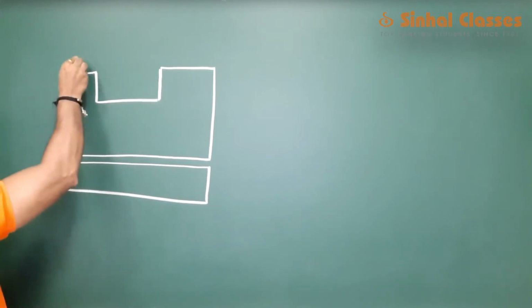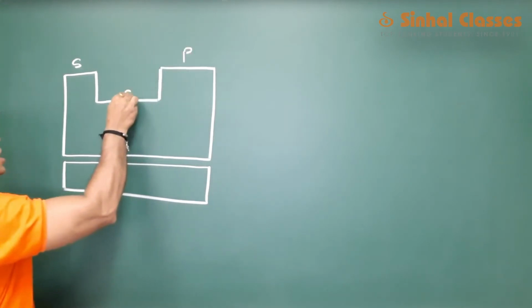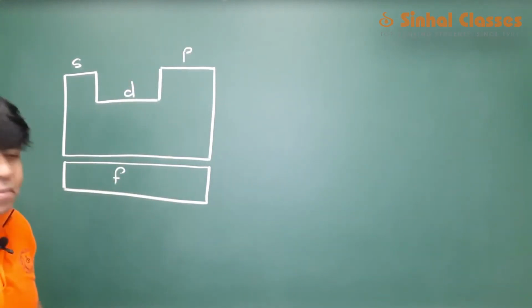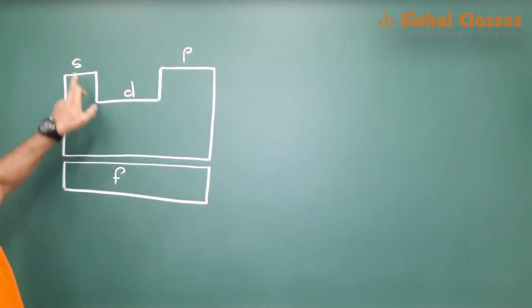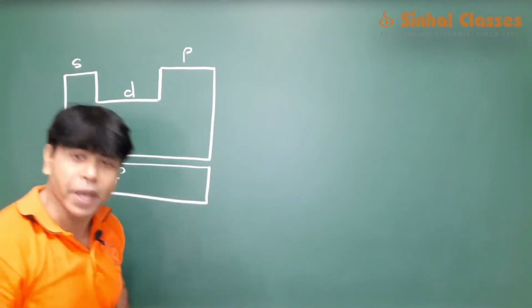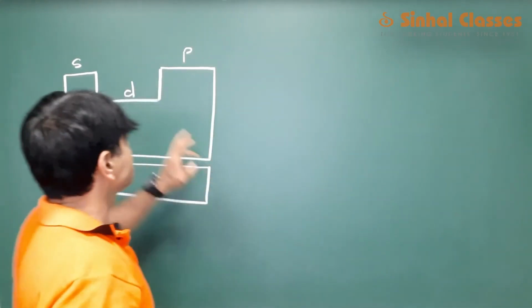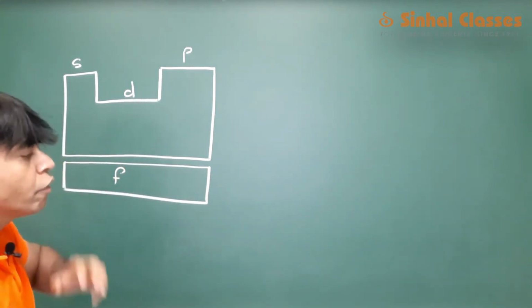They are S block, P block, D block and F block. S stands for spherical, P stands for principal, D stands for diffuse, F stands for fundamental.